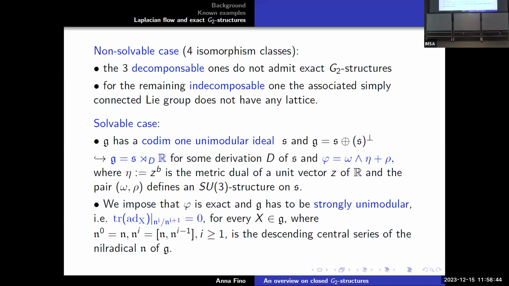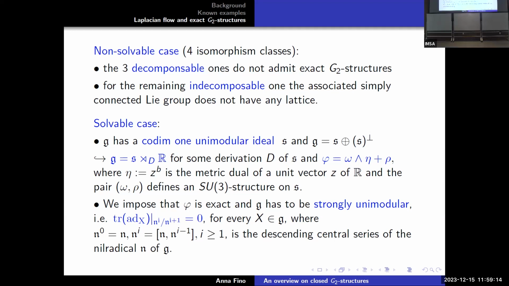And one can write, that's the main thing here, that you can describe your algebra as a semi-direct product of a copy of R, that corresponds essentially to the orthogonal complement, times some derivation. And then you can also write down the three-form, because you have an induced SU(3) structure on your ideal, essentially.